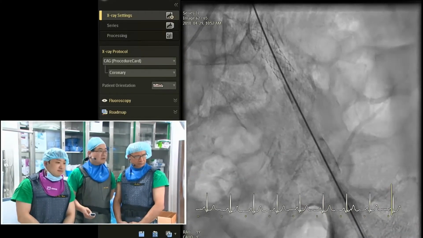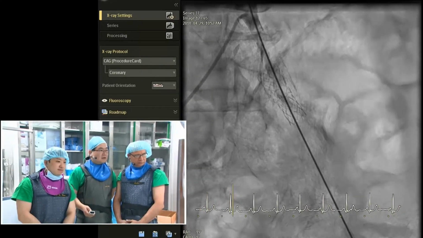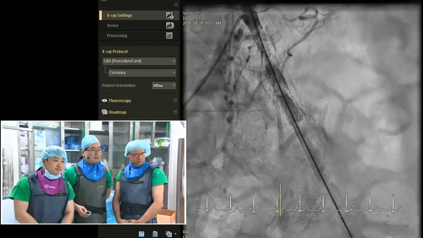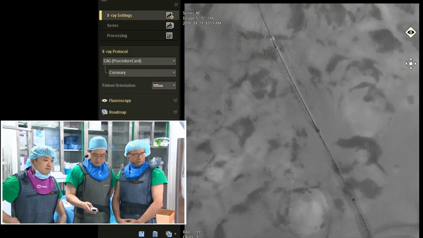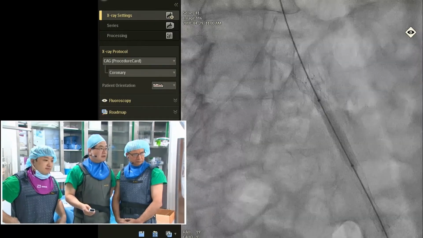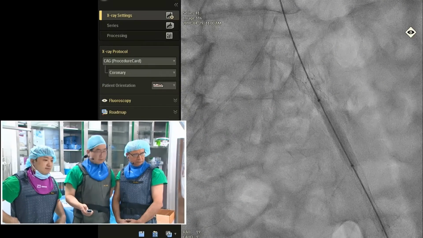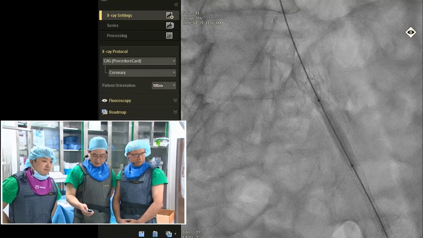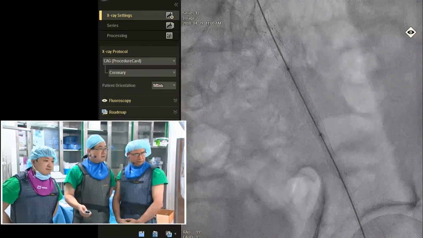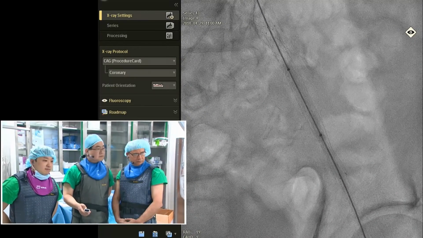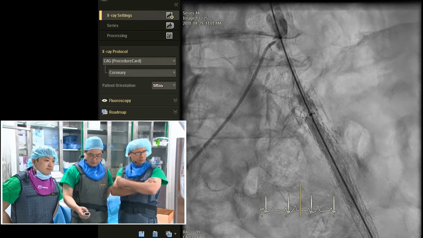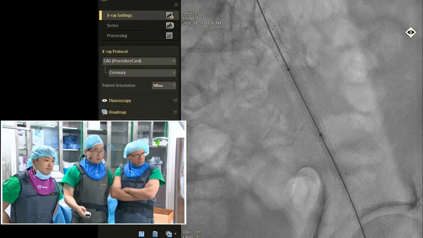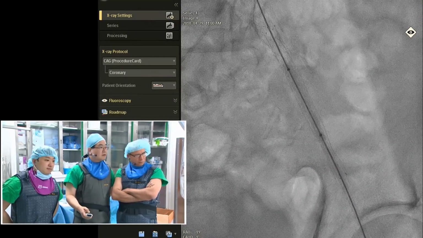So we put the bare metal Epic stent, 8 by 80 millimeter, a self-expandable stent, and then we used a balloon, 7 by 40 millimeter.